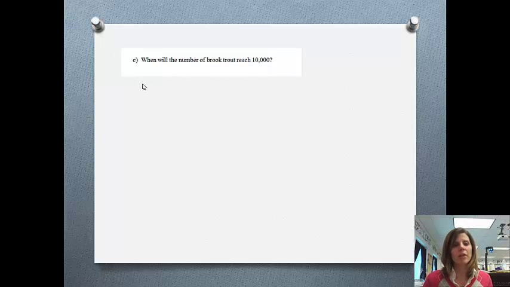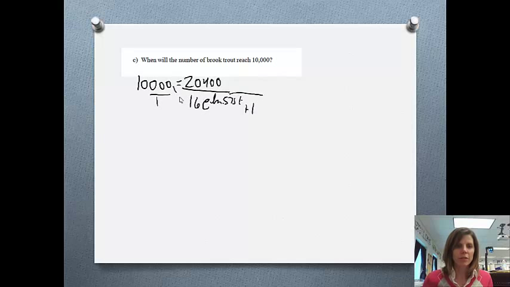Part C: when will the number of brook trout reach 10,000? This time I would like to know what my t value is when my y value is 10,000. So 10,000 equals 20,400 over 16e to the ln 0.575 t plus 1. Just like in the other examples, we cross multiply.